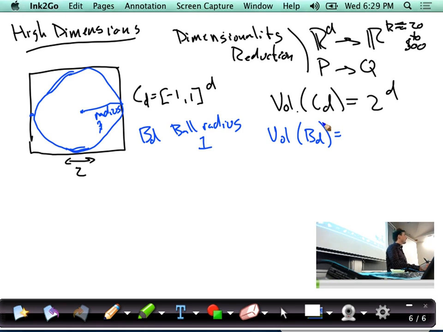Does anyone know what the volume of a ball in D dimensions is? Turns out that there's not a closed form for it, at least in every dimension.